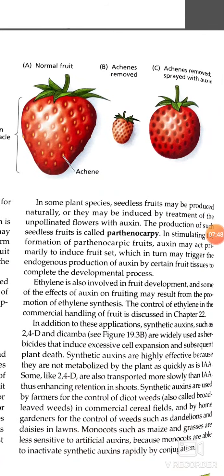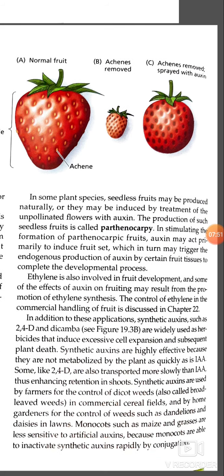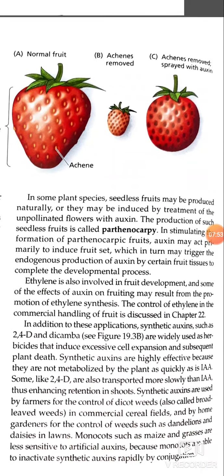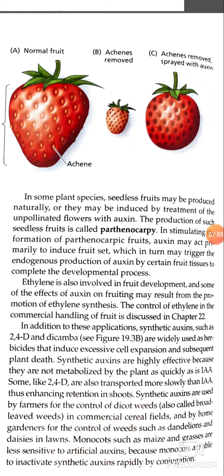In some plant species, seedless fruits may be produced naturally, or they may be induced by treatment of the unpollinated flowers with auxin. The production of such seedless fruit is called parthenocarpy.